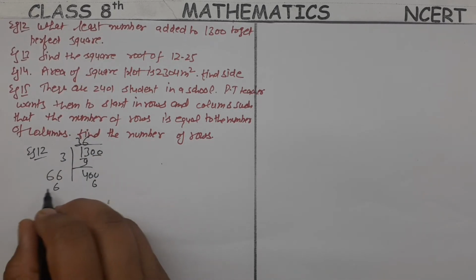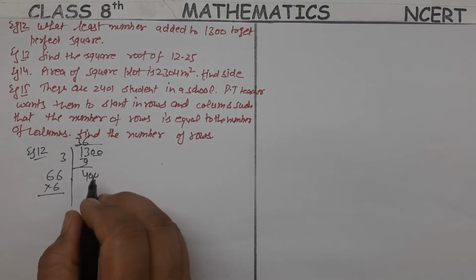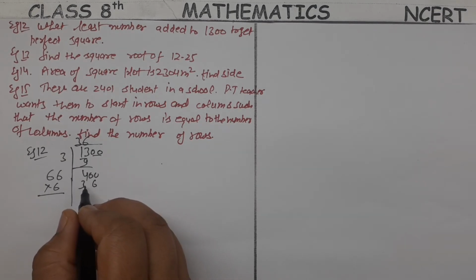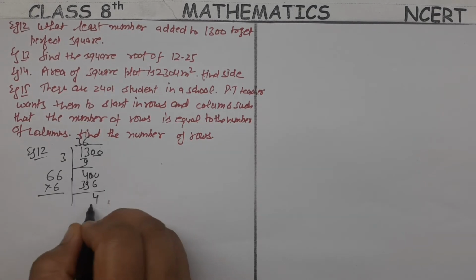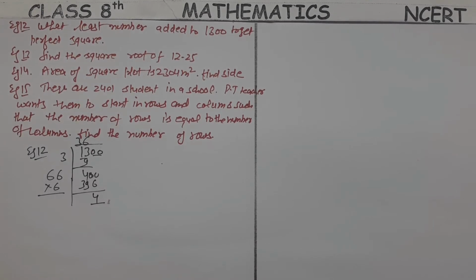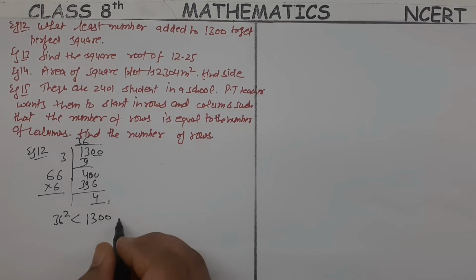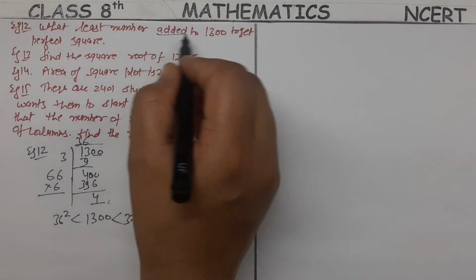Write 6 multiplied by 6. Here the remainder is 4. That's why 36 square is less than 1300 and 1300 is less than 37 square. We have to add.